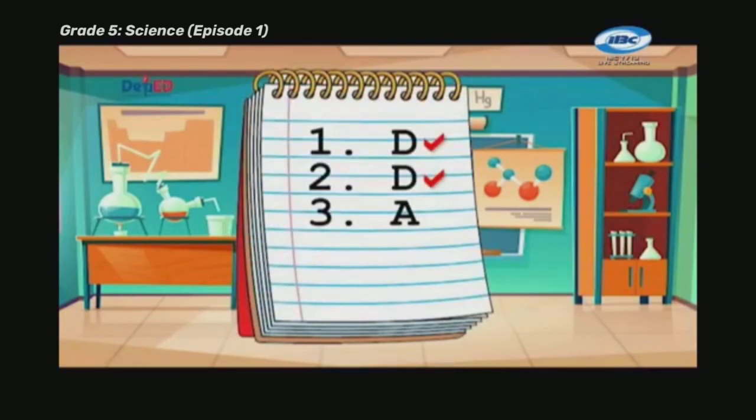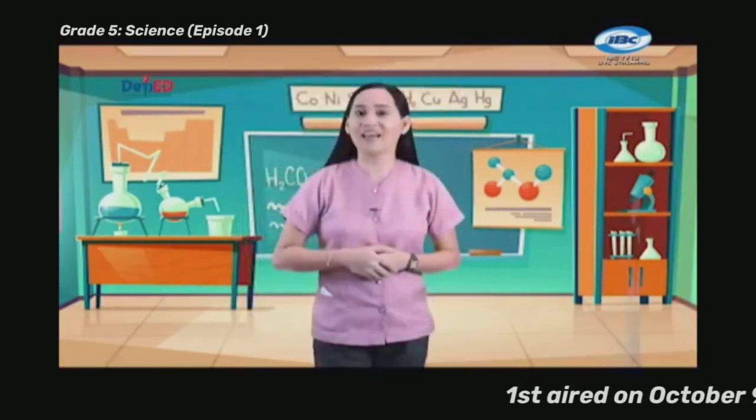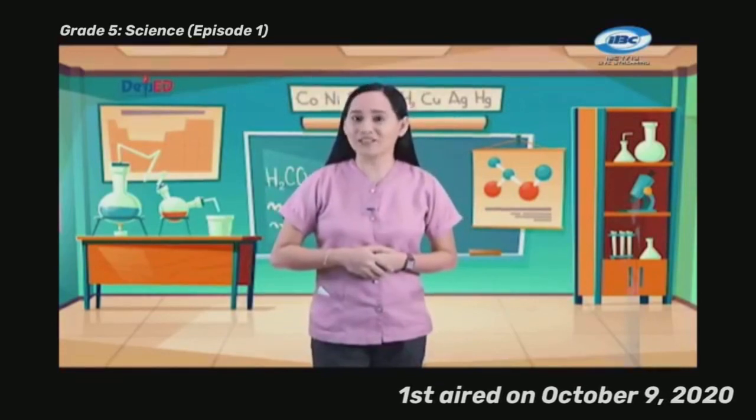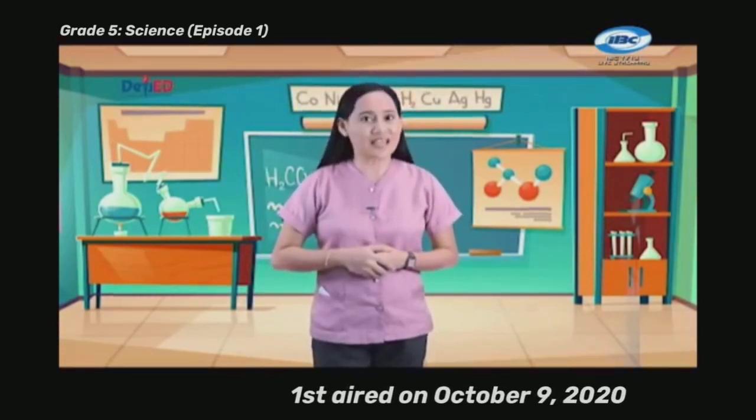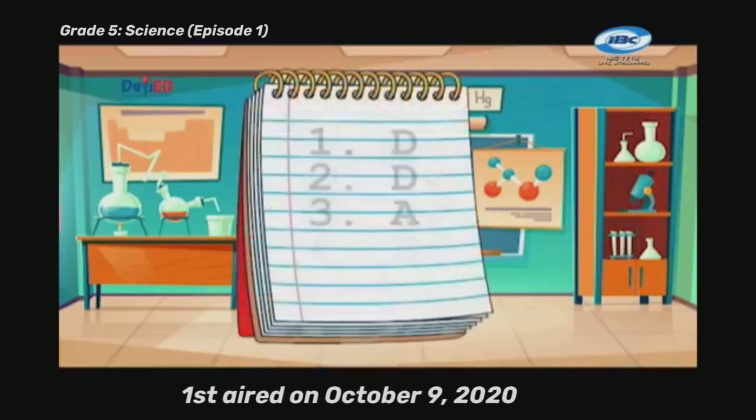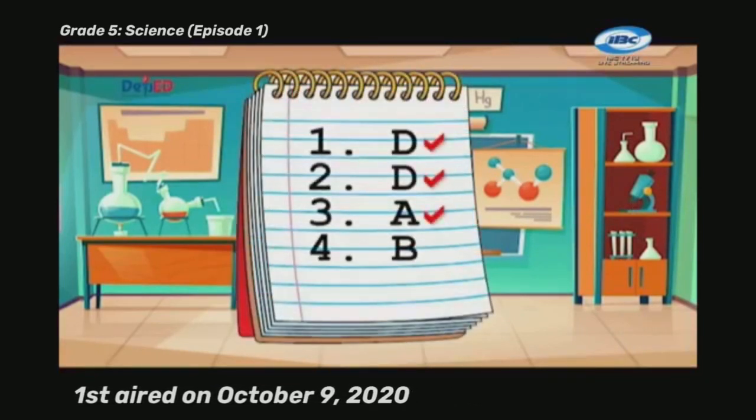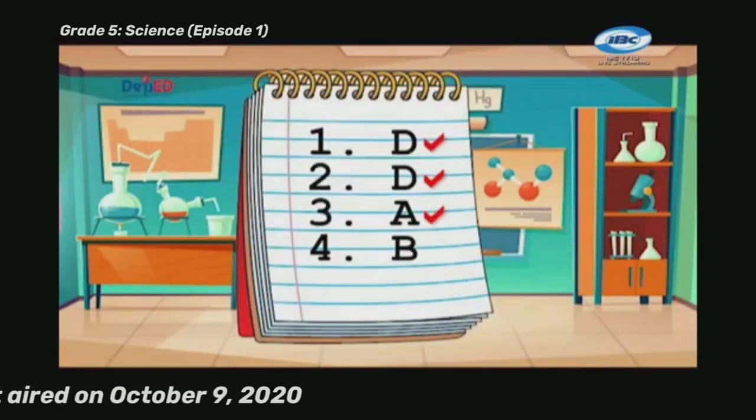Number 3. If your answer is letter A, aluminum foil, you are correct. That is because metals like aluminum are good conductors of heat. They absorb heat very easily. Number 4. If your answer is letter B, rubber band, you are correct.